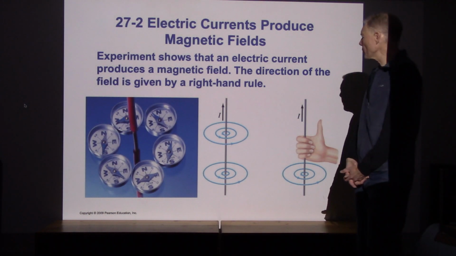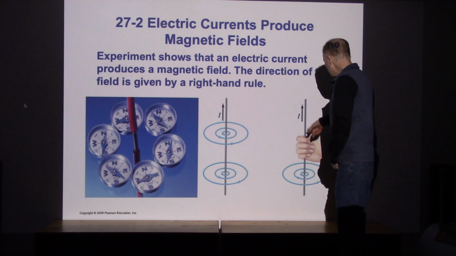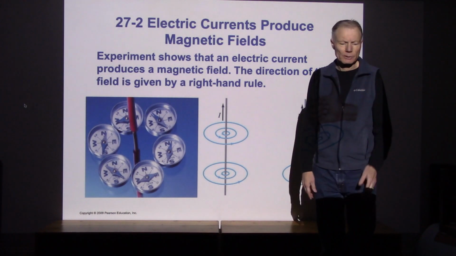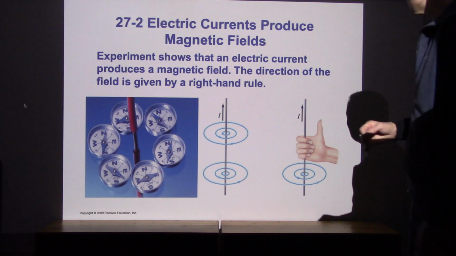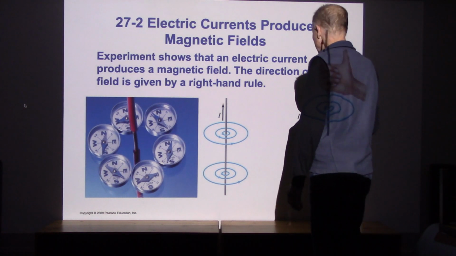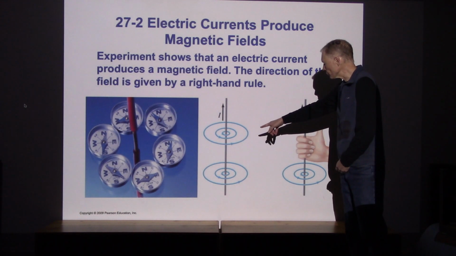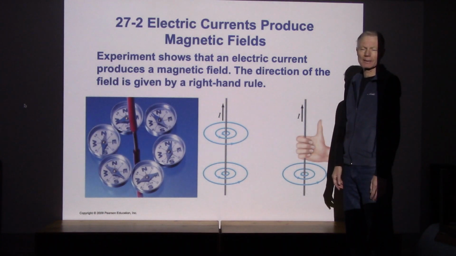All right, this is showing again that if we have current traveling in an electric wire, that's going to generate a magnetic field. Think about that. If I have individual charges moving, those individual charges are generating magnetic fields. And that says that if we get a bunch of charges all moving along a wire, that's certainly going to generate a magnetic field.